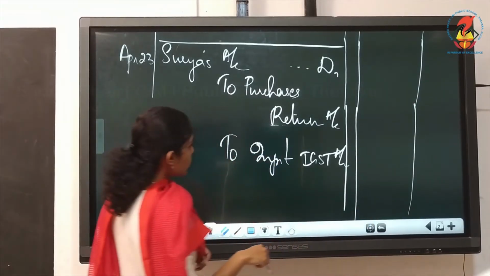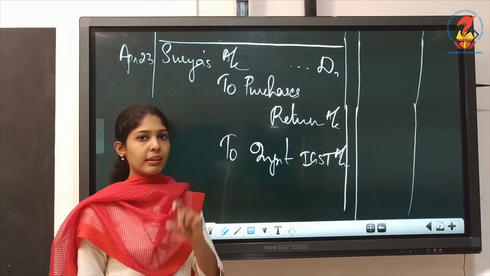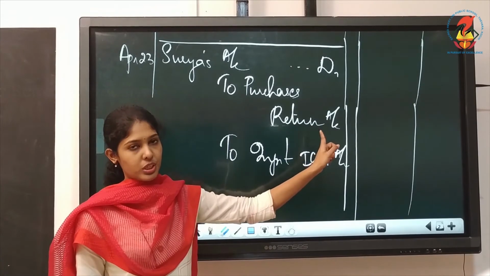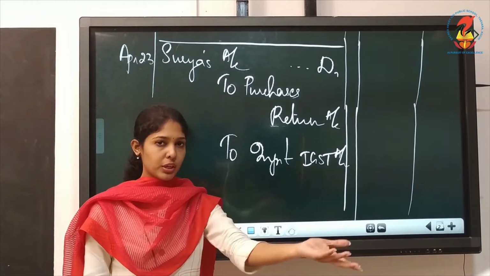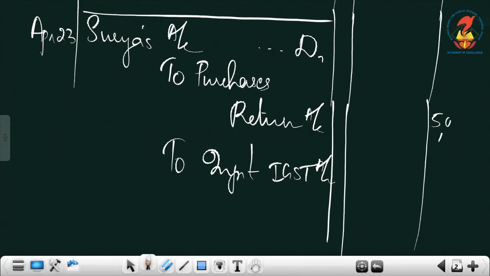Now what is the amount of goods you are returning? Just see the question. It is 5,000 and that must be written against the purchases return or return outwards. We are giving it back, so it is moving out, return outwards. So that must be written against purchases return account. On this you compute the IGST at the rate of 18%. So that will be 900 and here you can write 5,900.